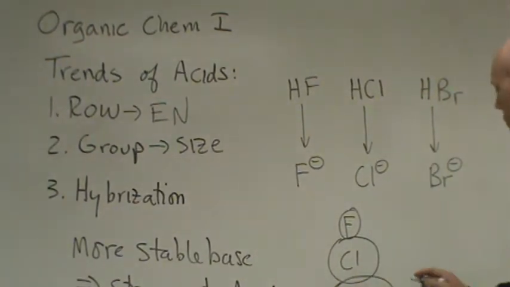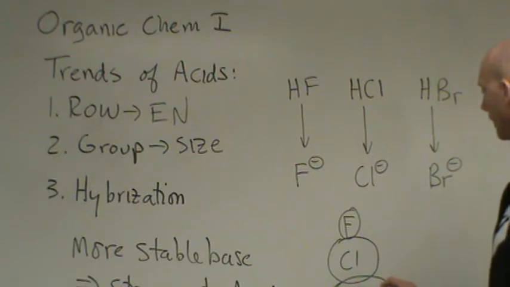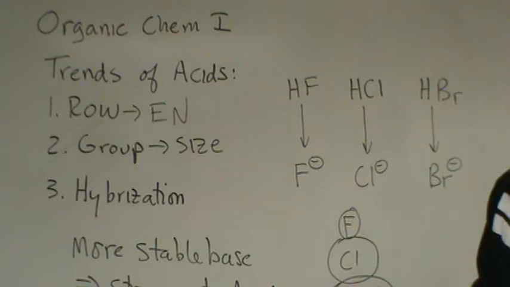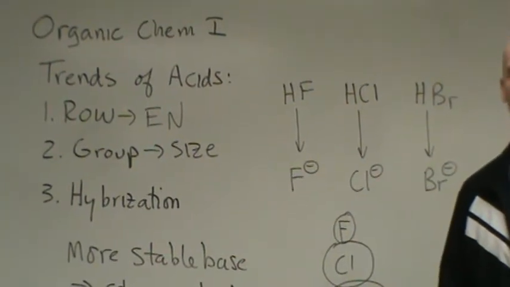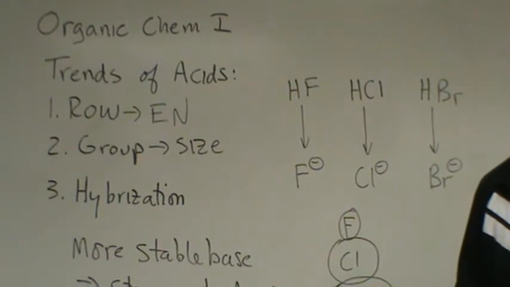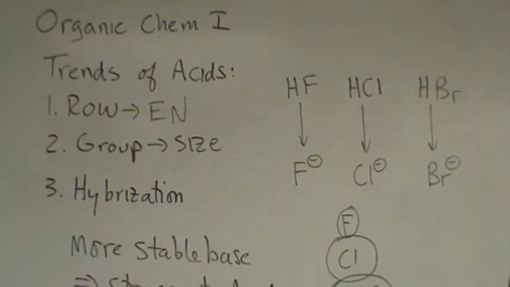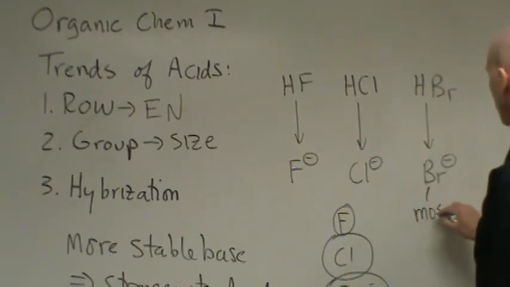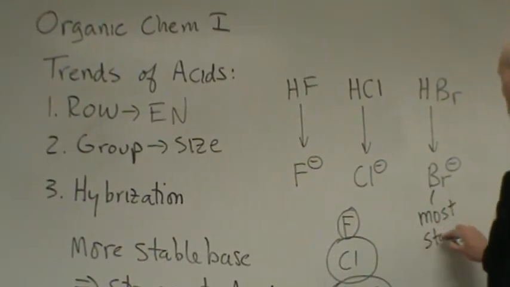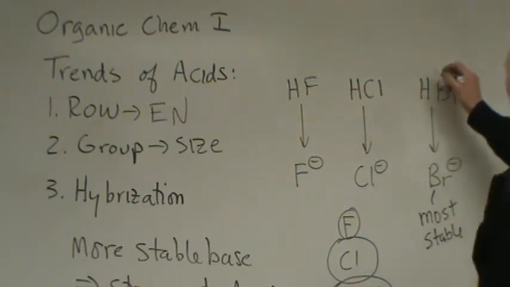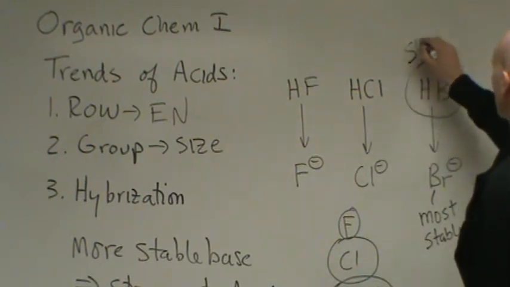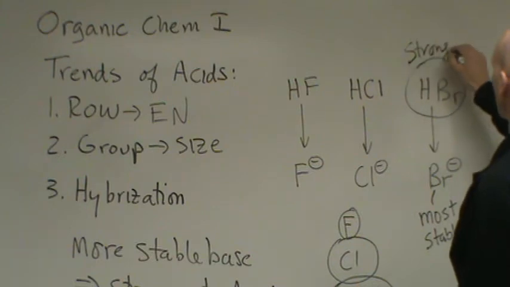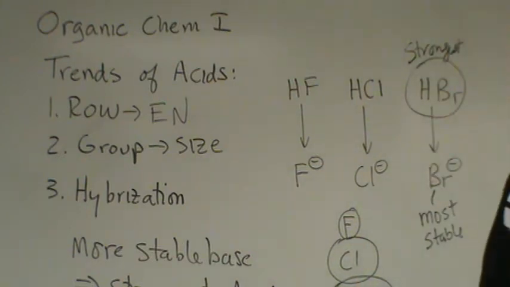The theory is that the bigger the atom is, the better it's able to stabilize that negative charge. It has more volume to stabilize the extra electron. So it's a volume or a size argument. So this one here, Br minus, would be the most stable, and so HBr would be the strongest acid.